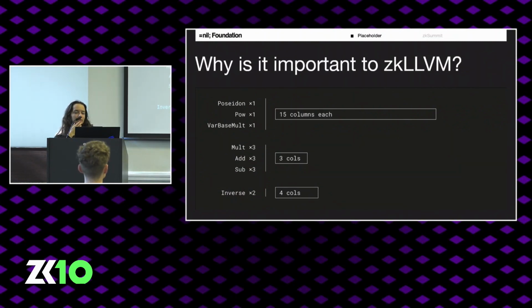Let's think about Mina state verification. I'll say some words about it. I split low-level circuits from high-level circuits. For low-level circuits, Mina state verification would have the Poseidon hash, the PO component, and variable-base multiplication. Variable-base multiplication is a scalar multiplication on elliptic curves.